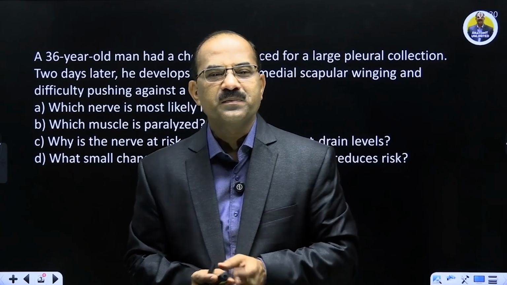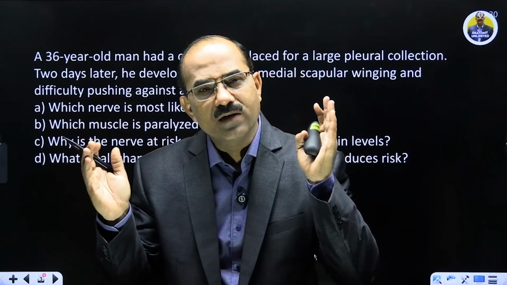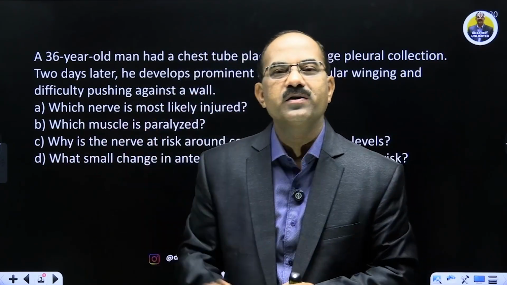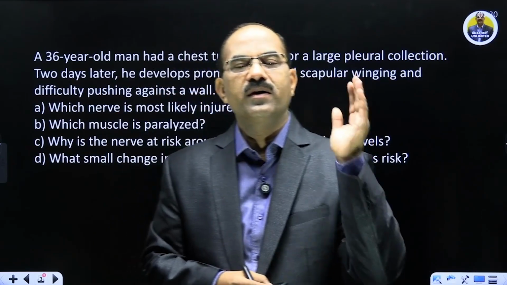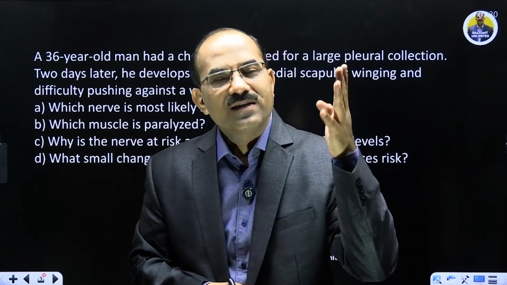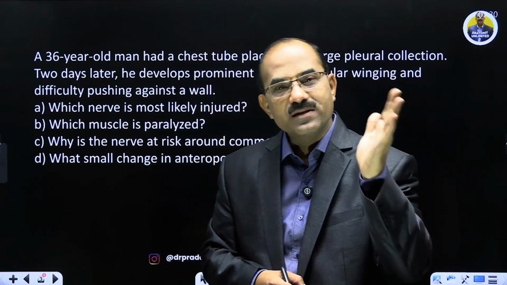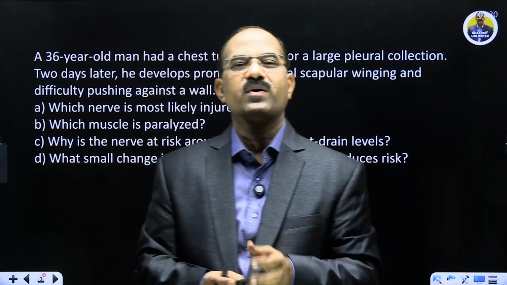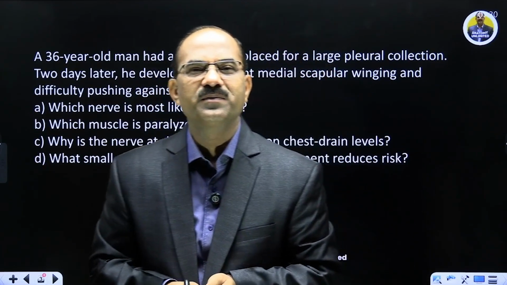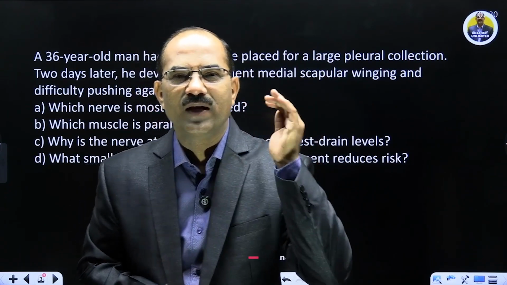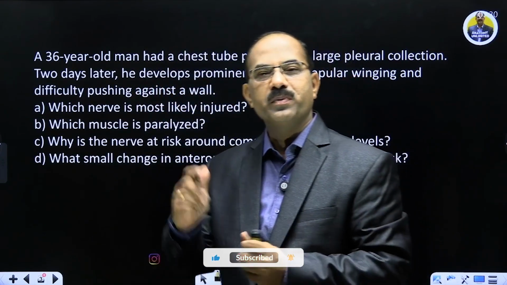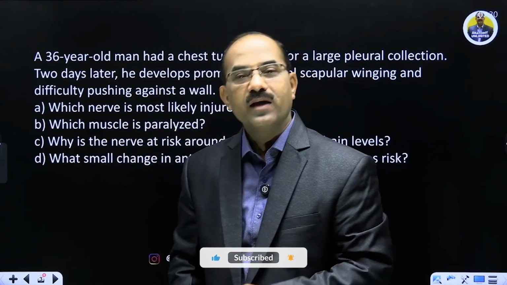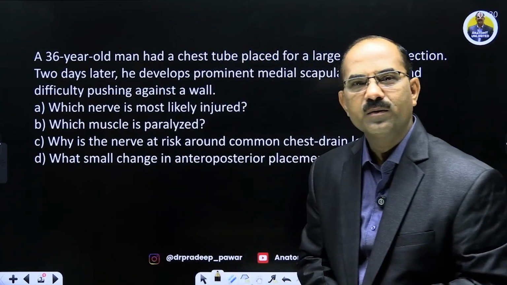Correct, students? So what are the various layers that we are going to pierce? Skin, superficial fascia, deep fascia, the serratus anterior, external intercostal muscle, internal intercostal, innermost intercostal, endothoracic fascia, the parietal pleura. So these are the various layers that we pierce as we are putting the drain in the pleural cavity.